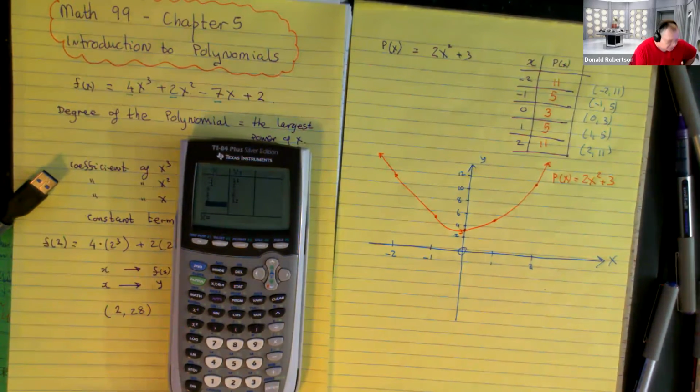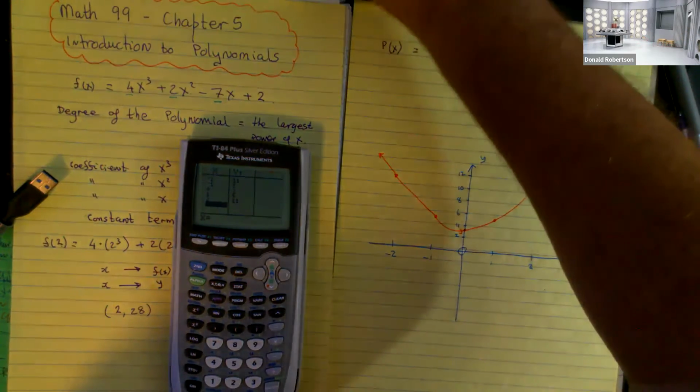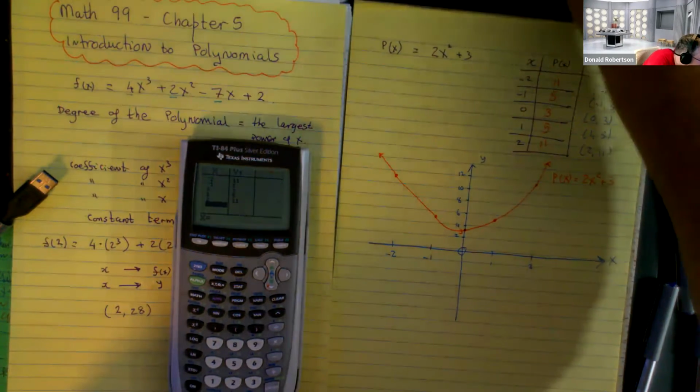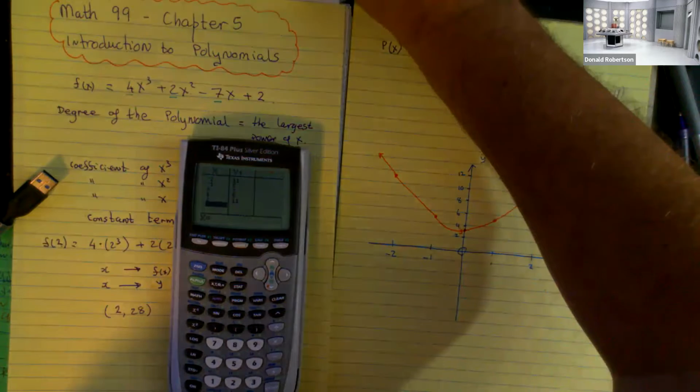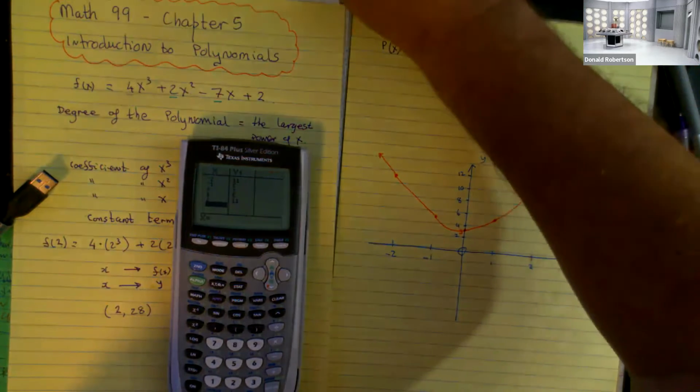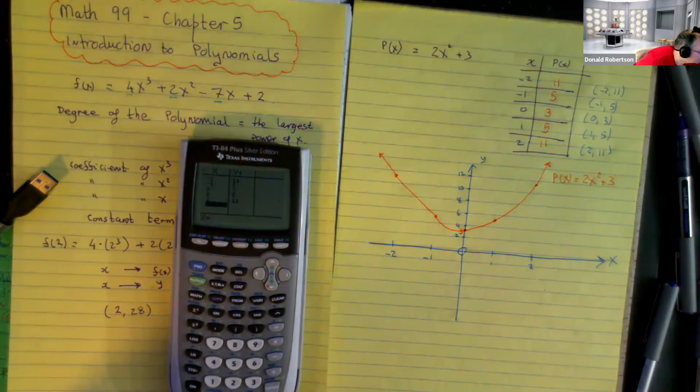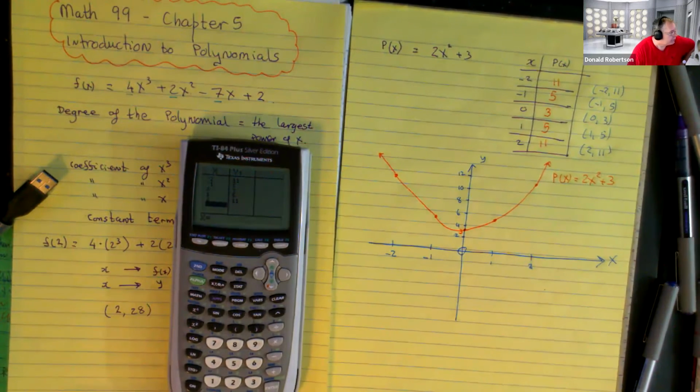Now there's a much nicer way, and that is to use Desmos. So I'm setting up Desmos right now so that I can do it. And let's check it out.